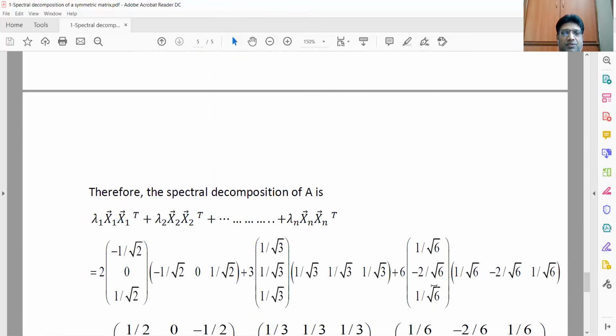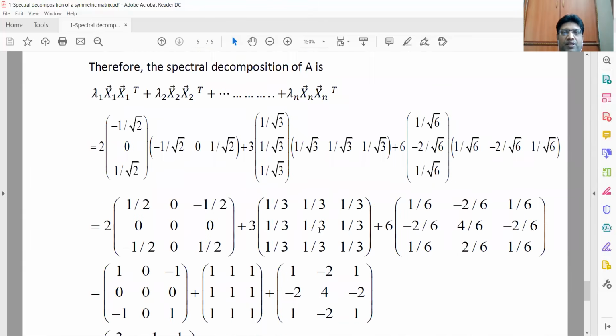Now the final step: the spectral decomposition of A is λ1 x1 x1 transpose, plus λ2 x2 x2 transpose, and so on, up to λn xn xn transpose. This is the formula, but here we are restricting to 3, so I have to write up to λ3 only.